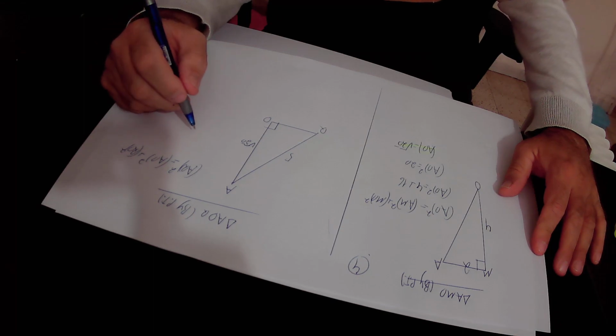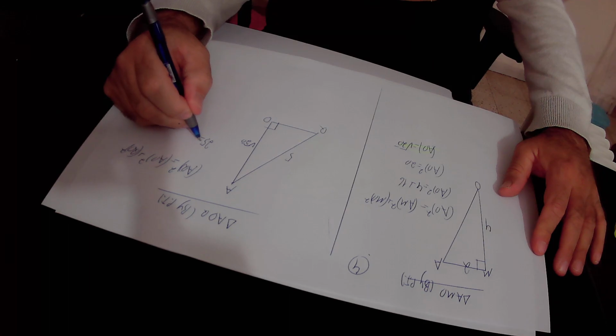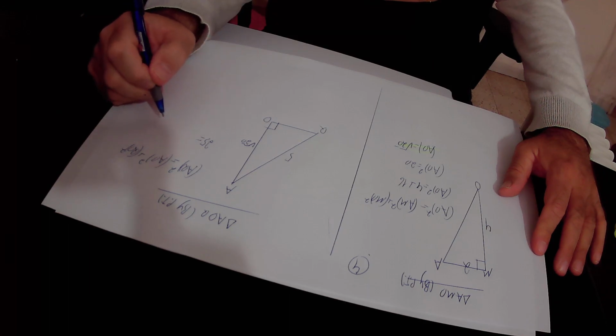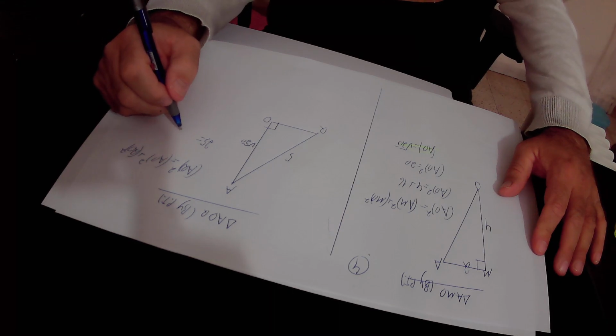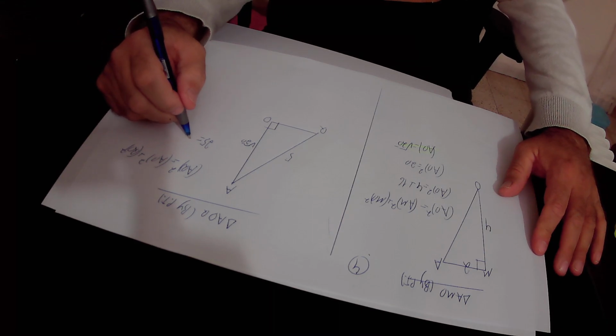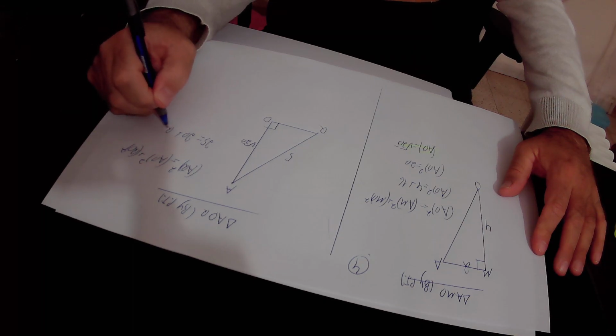AQ is 5, therefore AQ squared is 5 squared, that is 25, and it is equal to AO squared. AO is the square root of 20, therefore AO squared is 20, plus QO squared.